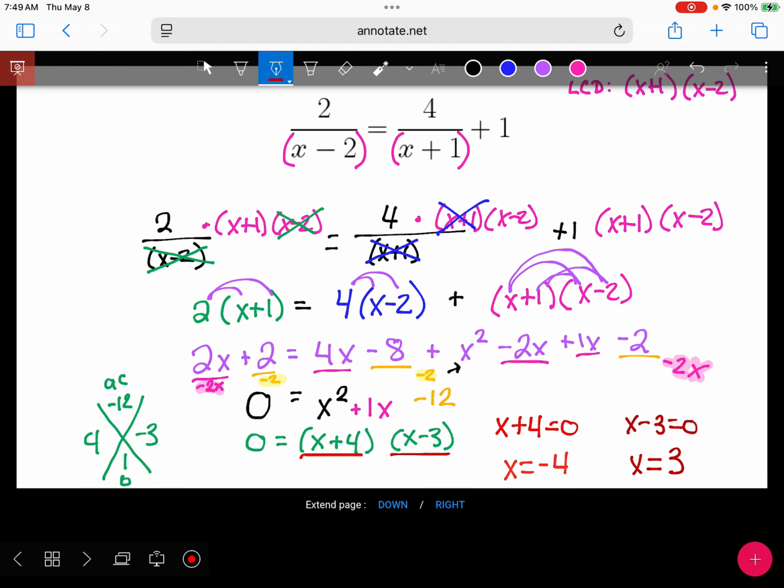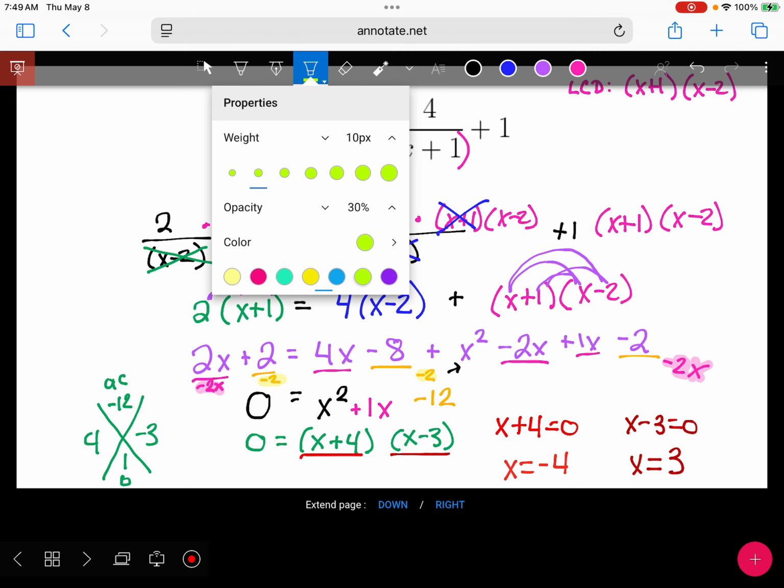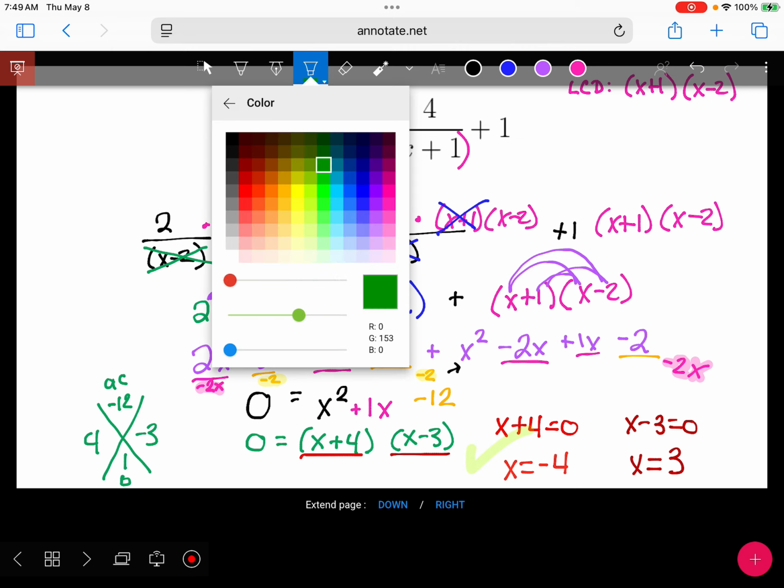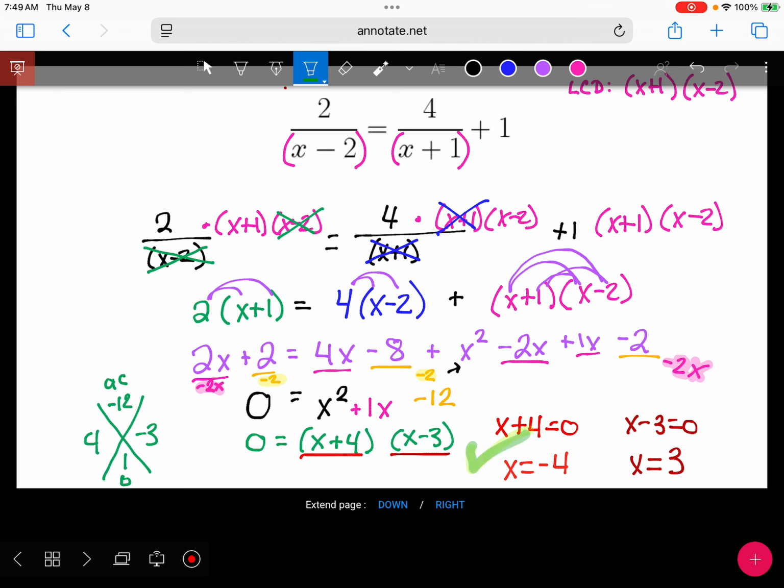We have two possible answers here, which is entirely possible. So we do need to check both of them. So what we're going to do is we're going to look and see. If my x is negative 4, will my denominator be 0 here? No. So this one works just fine.